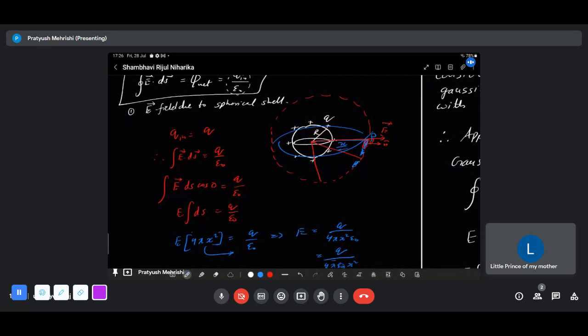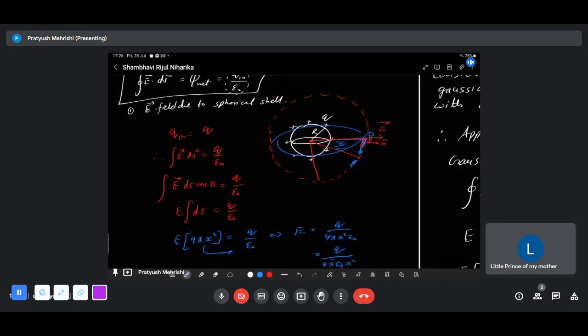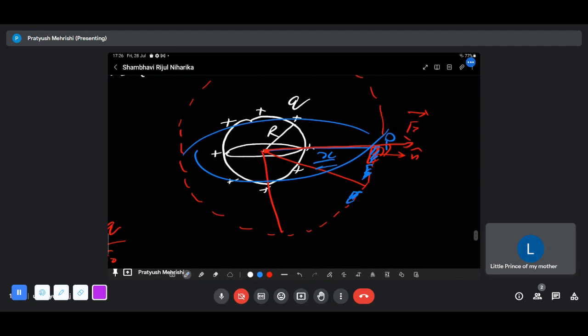All of these we can calculate with the help of Gauss law. How? Let us assume there is a spherical conductor having charge small q. We need to find the electric field at a point P, which is at a distance small x from the center of the sphere.